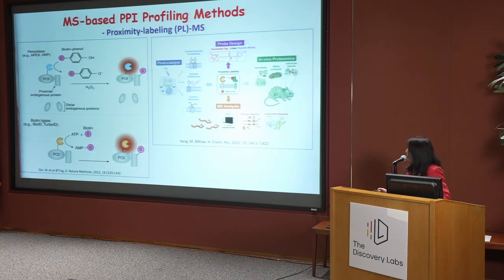So recently, in order to eliminate some of the disadvantages in the AP-MS studies, the proximity labeling-based approach has been developed. As shown here, there are three typical ways to establish proximity labeling: using a peroxidase, a biotin ligase, or a photocatalyst to label the protein interactors within the proximity, which is typically 10 to 20 nanometers.